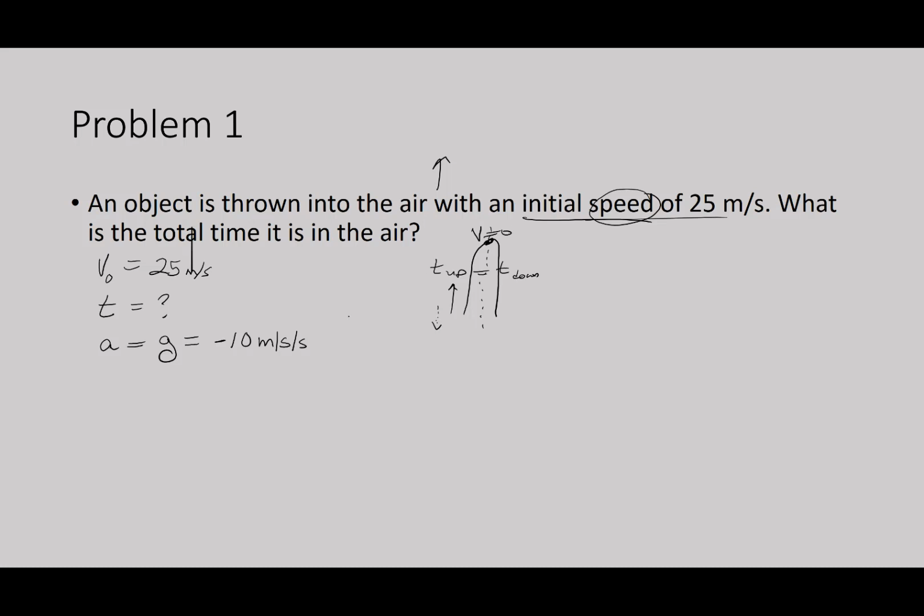So on my list over here, I know one more velocity. Well, if my initial velocity is 25 meters per second, I am going to look at the upward motion as the part of the problem I'm going to solve. So because that's my initial velocity at the top of this motion, I'm going to call that my final velocity is equal to 0.